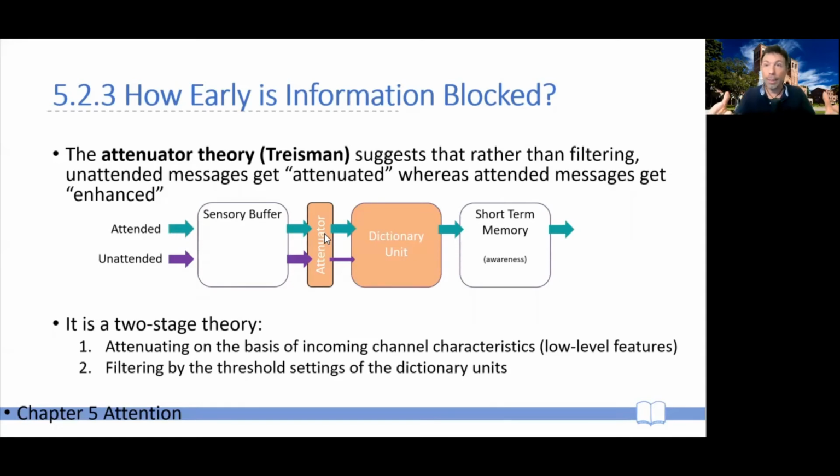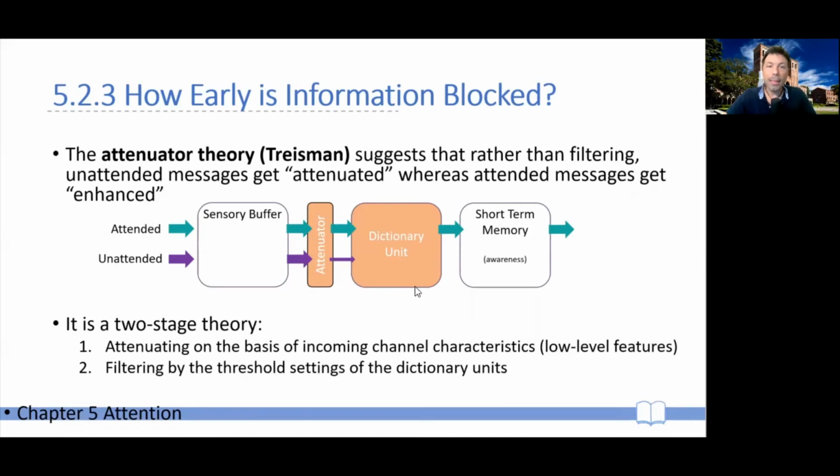And so the words that come in the attended channel get recognized because they were said very loudly, in other words. The volume of these words is very strong, and so you can recognize them. The unattended message, on the other hand, got attenuated, and so comes in at a lower volume.